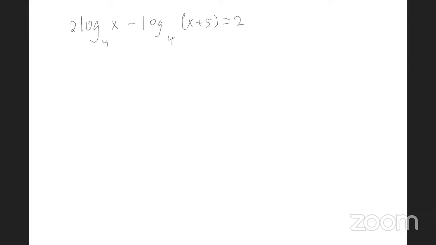All right, take the 2 in front and make it the power. Right? So it's log to the base 4 of x squared minus log to the base 4 of x plus 5. Now it looks like the one that we just did. Copy it out. Work it out fast.